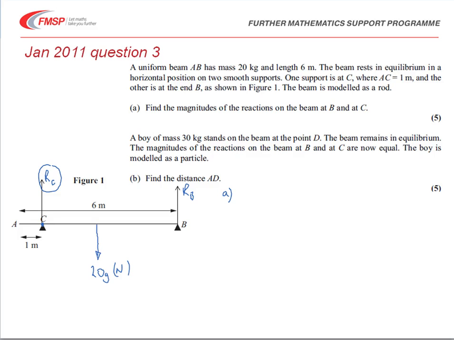So moments about C: the 20 kilogram mass, so 20g newtons, is at a distance of 2 metres from C. So we've got 20g multiplied by 2, acting in a clockwise direction, and then in an anti-clockwise direction we've got R_B, so minus R_B multiplied by 5.